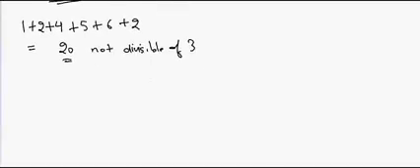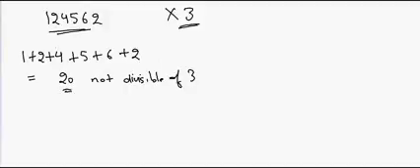So what should the number be if it has to be divisible by 3? If instead of 2 we make it 3, so 1 2 4 5 6 and 3 in the end, then the sum becomes 21, so that number should be divisible by 3.